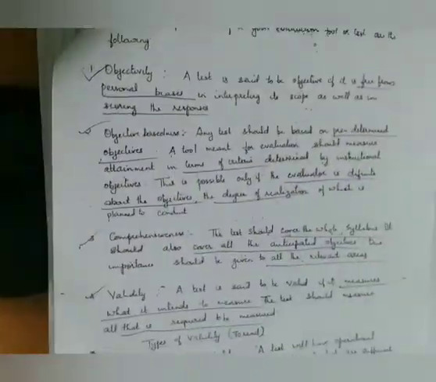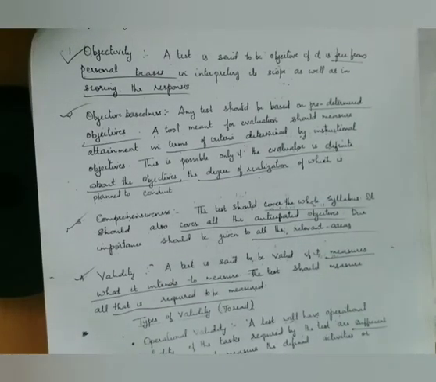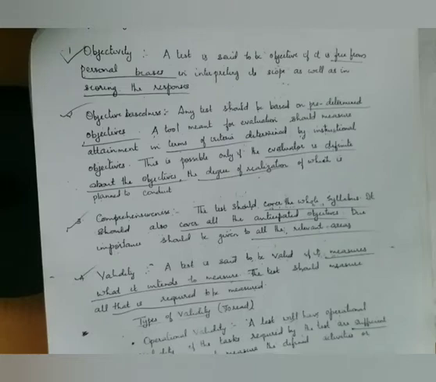Now we have to go through the characteristics of a good evaluation tool or a good test. First of all, objectivity. A test is said to be objective if it is free from personal biases in interpreting its scope as well as in scoring the responses. Then the next criterion is objective basedness. That is, any test should be based on predetermined objectives.